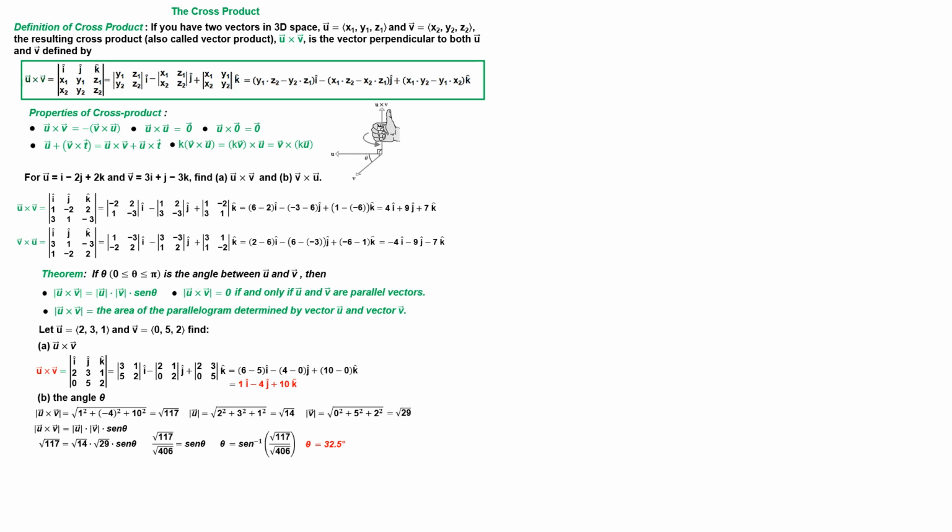To find the area of a parallelogram, we calculate the length of the cross product of vector u and vector v, which was already calculated in part B.